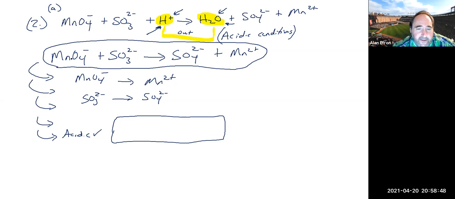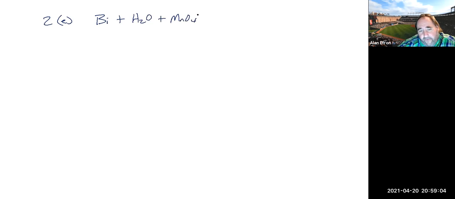Now, the other thing that you might see is one that represents a basic condition. So if you look at 2E, for example, you have this equation: Bi plus water plus MnO4 minus gives Bi3 plus, MnO2, plus hydroxide.